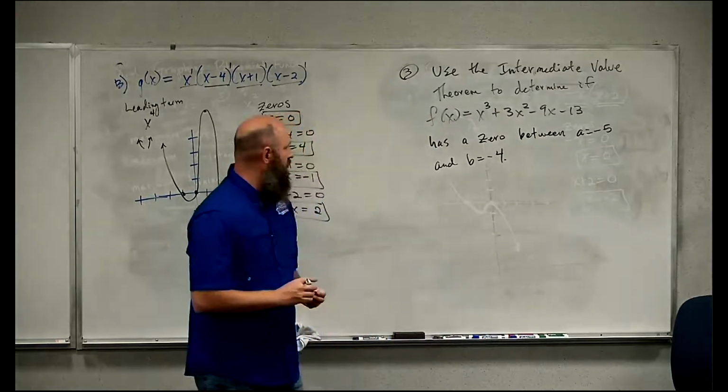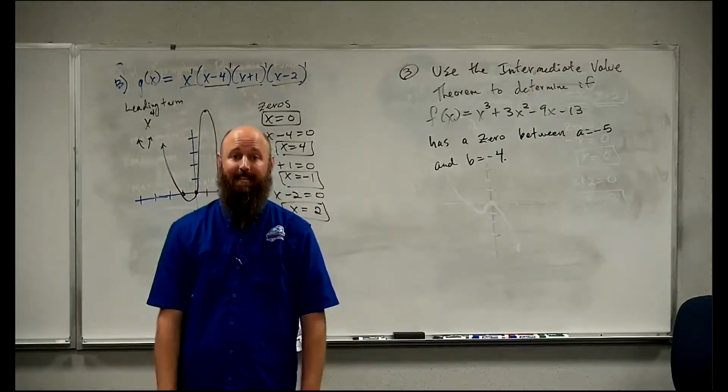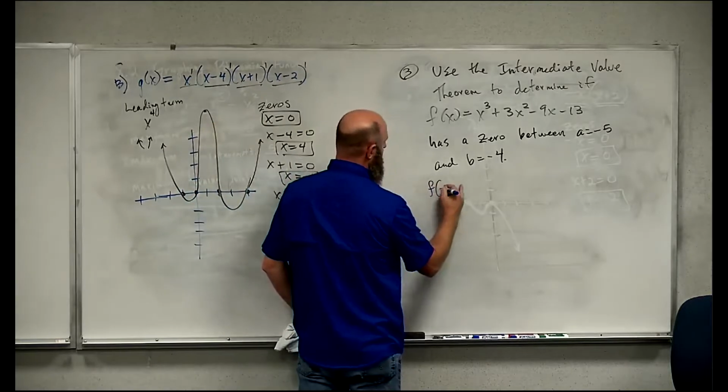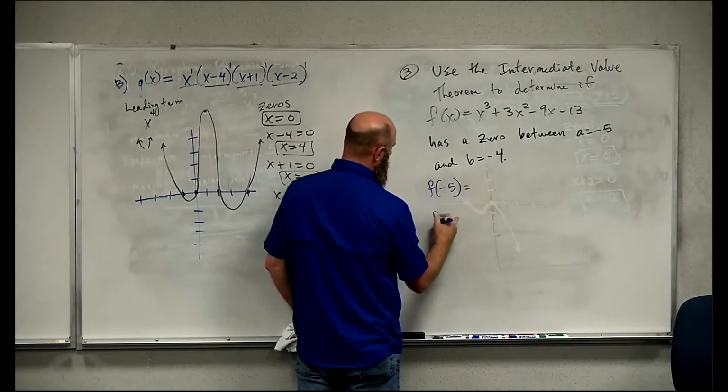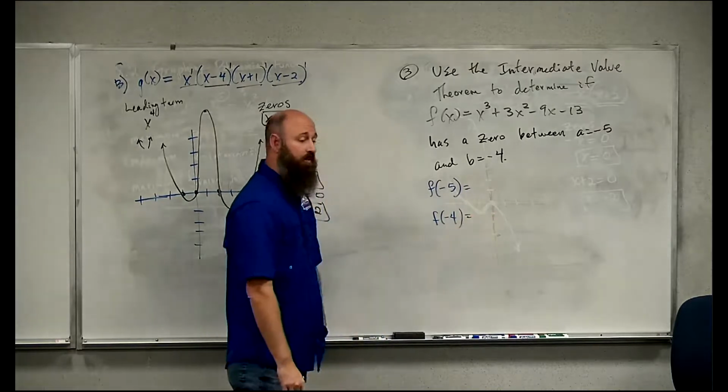If we want to be able to determine that, we've got to plug those two values in and see what we get as answers. So we need to do f of -5, and then f of -4, and see what we get on each one of those.